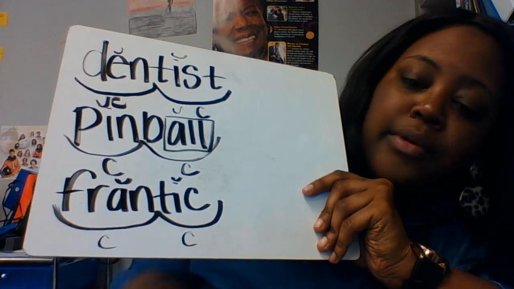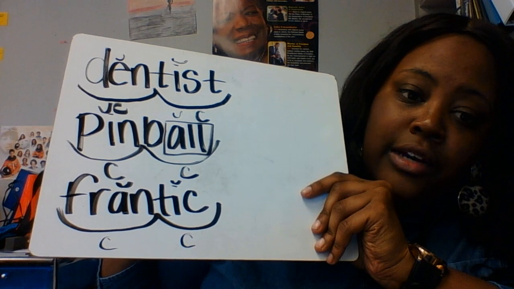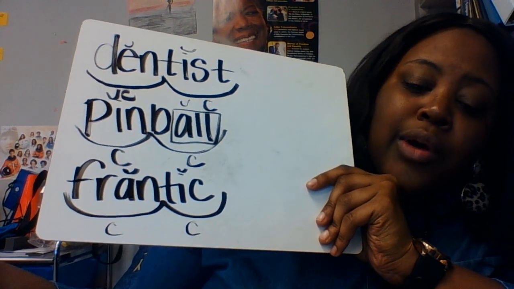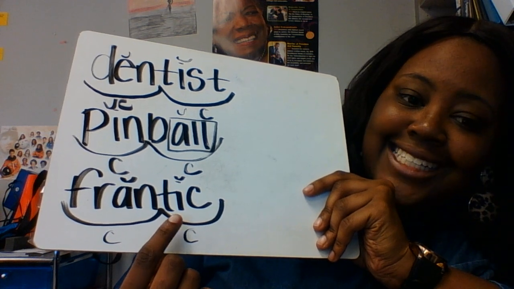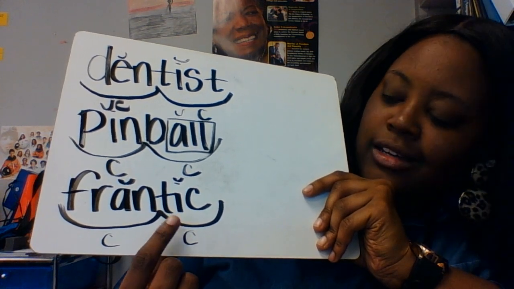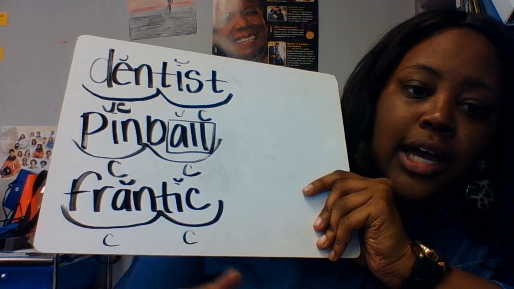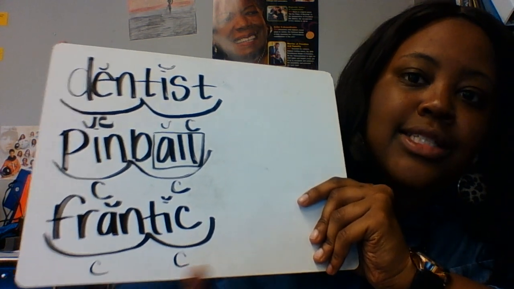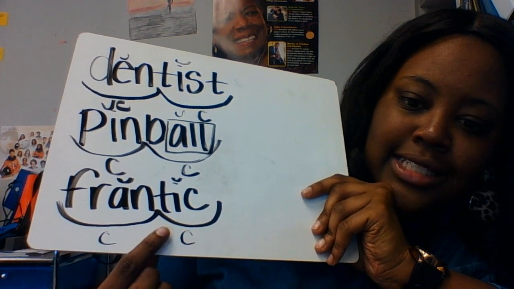Frantic. And remember, boys and girls, when we have that k sound at the end of a multisyllabic word, or a word that has more than one syllable, we always end it with that IC. Not ICK, but just IC. Same with words like public, or I go to Sonic for my favorite drink. So that's why frantic is spelled with that IC ending.